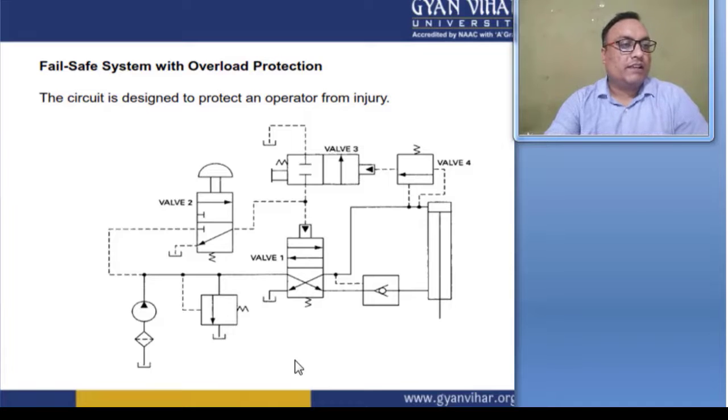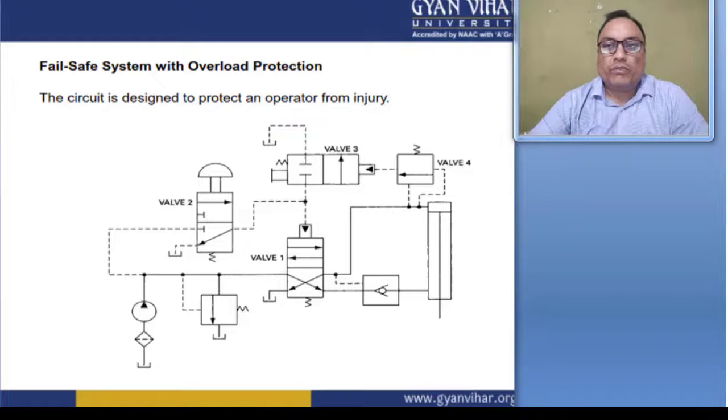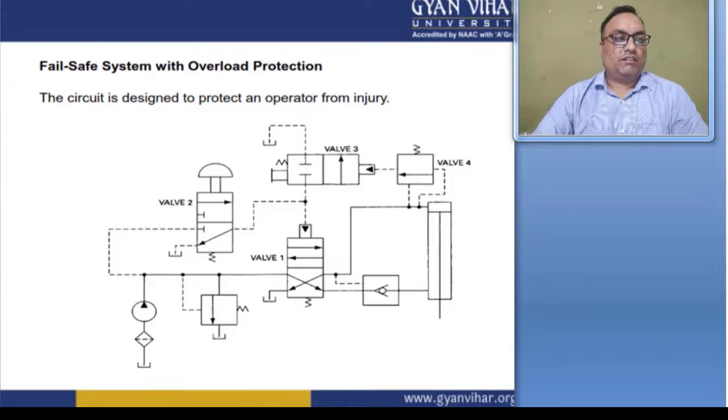So this is the fail-safe system with overload protection. This circuit is designed to protect an operator from injury. This type of circuit provides a fail-safe system for the workers.